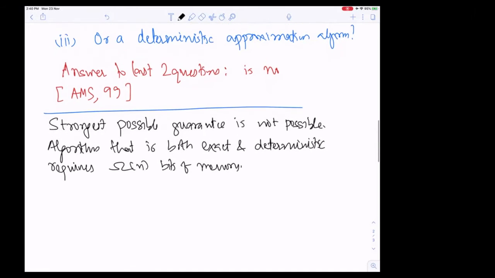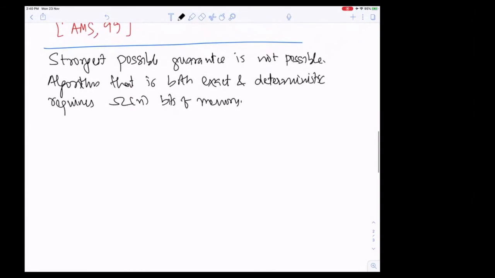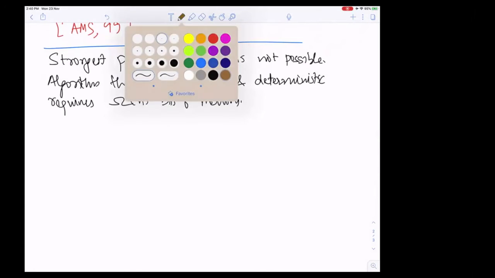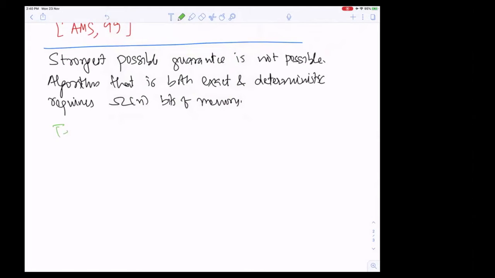Okay. So our template is going to be the following. This is our template of showing lower bounds. So what are we going to show? Suppose there exists an algorithm A that uses small memory, say S bits.